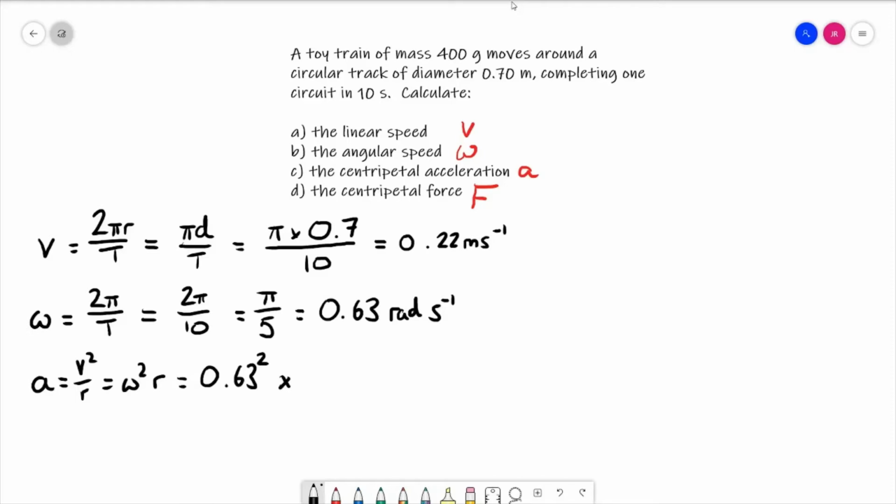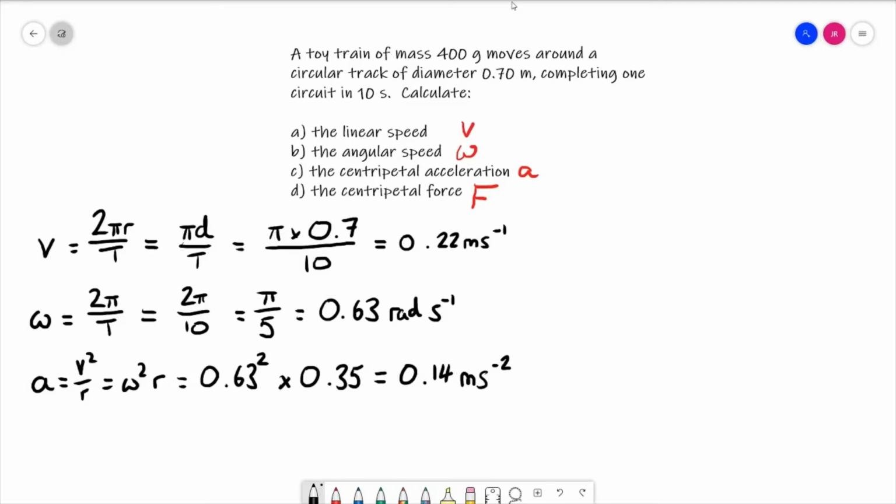Please be careful here, you've been given diameter on purpose to try and catch you out, so our radius is 0.35. Once we plug all that in, we end up with 0.14, and our unit is meters per second squared, as we said earlier, because that is a linear acceleration. I'll leave it down to you to check with a is equal to v squared over r, to make sure that you do still get the same answer.